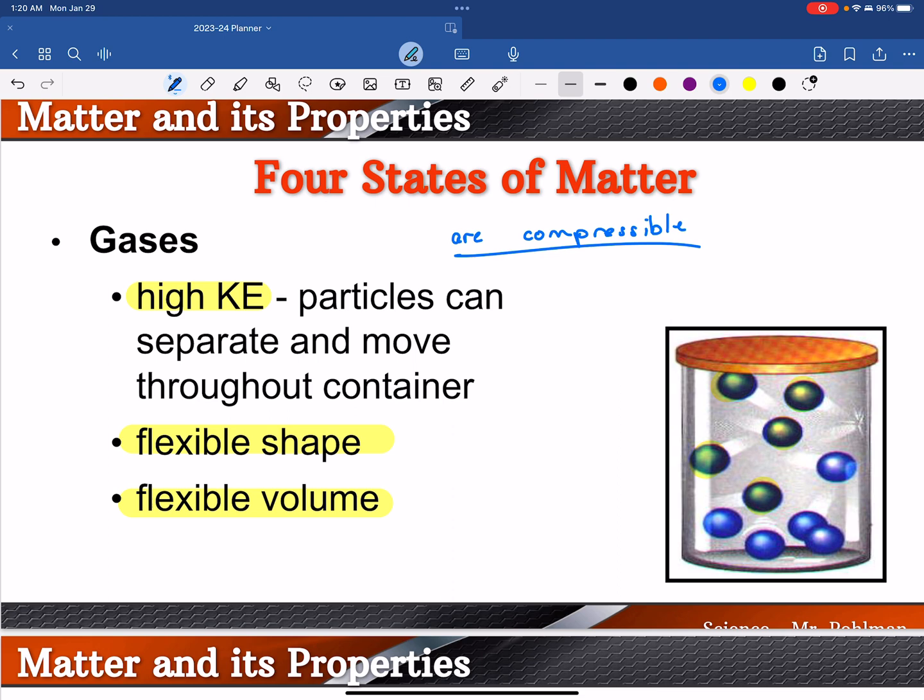Now, if they are compressible, where do you guys use this idea of compressibility of these gases? Well, you have an air compressor. As the air compressor is running, it's putting more and more air into the tank, filling it up, and it produces a high pressure inside of here.